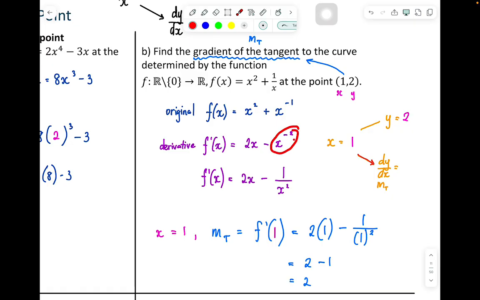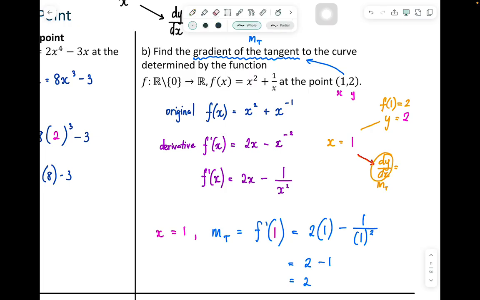I bring the negative power down into the denominator, because if I want to find the gradient, I need to substitute x equals 1 to find dy dx. Now, notice this notation here. We can write y and dy dx, but in this here, it's f of 1 equals 2.